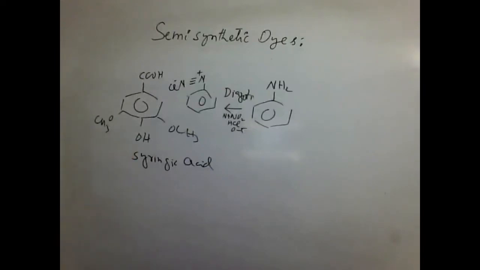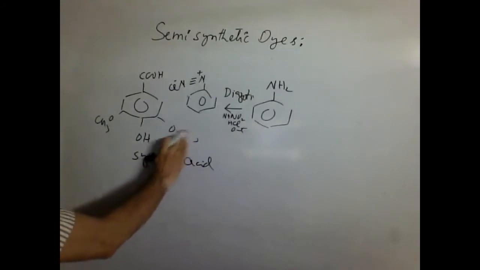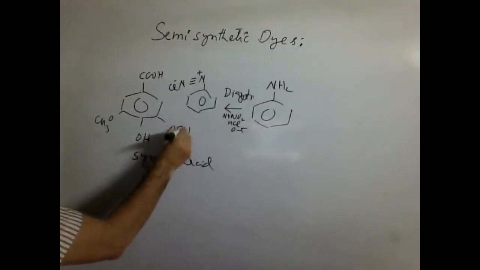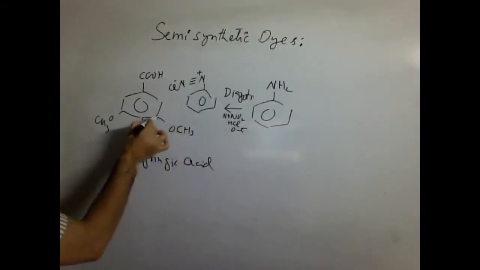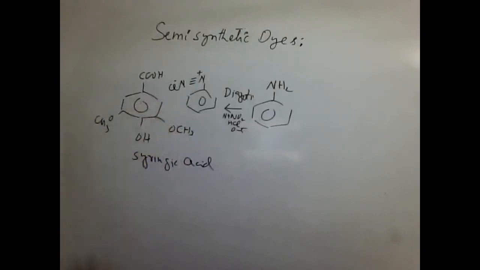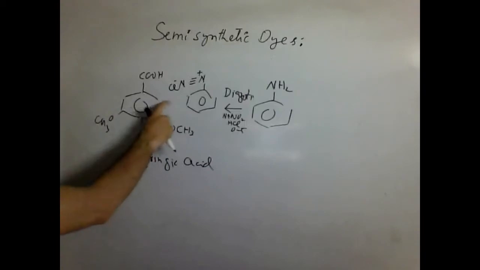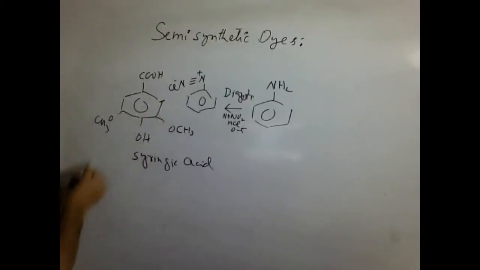coupler. So what would happen, we have an idea, it's some sort of OCH3, it's an ortho and para directing group, so this is ortho, this is para.